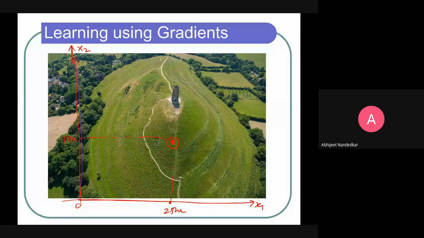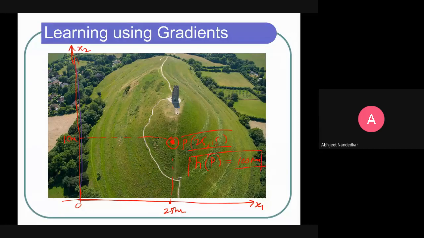So this point becomes 25, 15. Like that we define the coordinates. And if this is the point P, then the height of the mountain at P is h of P, which is equal to maybe say 100 meters.